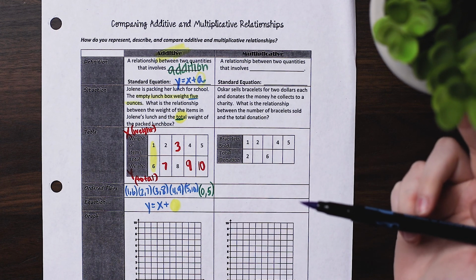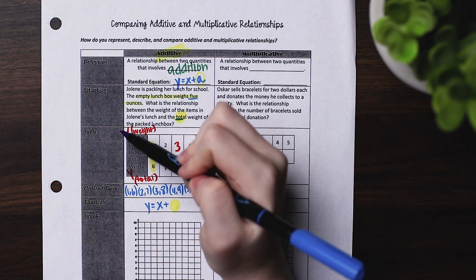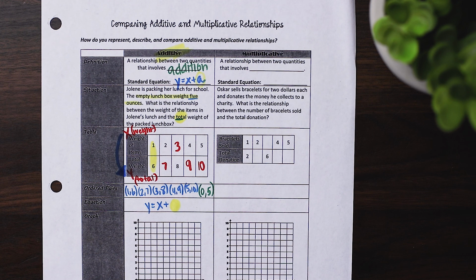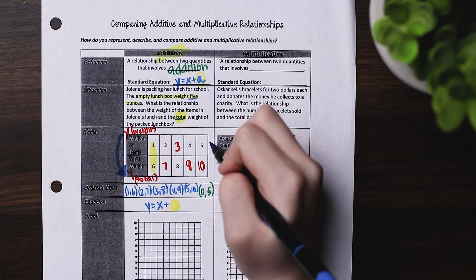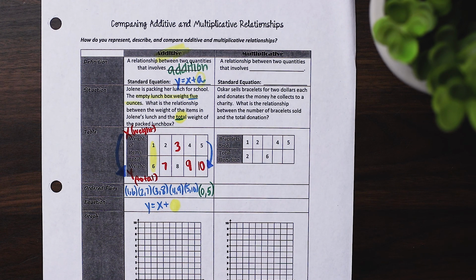Now, what if I wasn't given a word problem? Well, that's easy. I'm always looking for my relationship from x to y. In this case, that's going to be from top to bottom. So from 1 to 6, from 2 to 7, from 3 to 8, 4 to 9, and from 5 to 10. And I have to make sure that it's consistent.